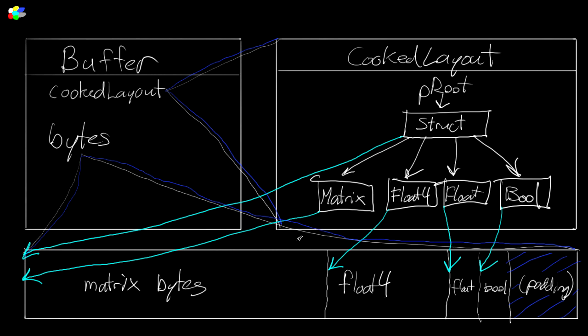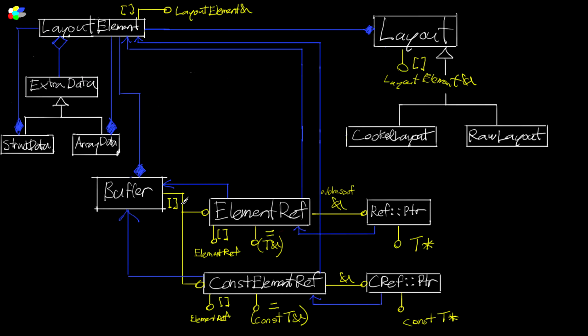So conceptually, it's a tree, and in practicality, in the actual implementation, it's also a tree. Every element of the layout here stores the offset into its position in the bytes here. You use the keys to navigate this tree to arrive at a leaf node. That gets you an offset, and you can use that to read and write to and from this buffer of bytes. Seems easy, right? Well, maybe not that simple.